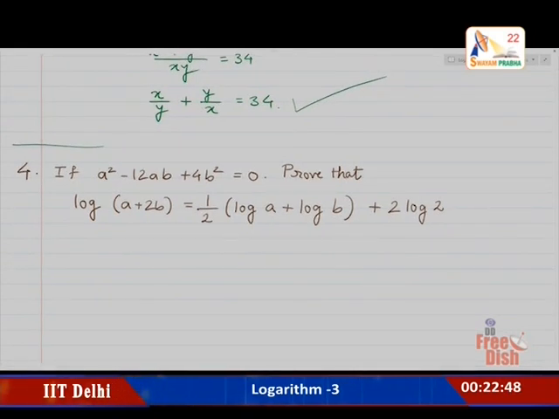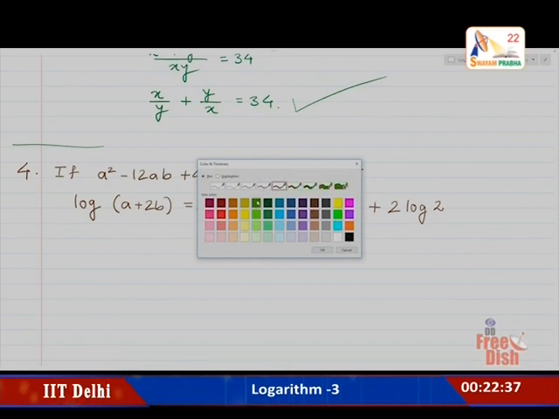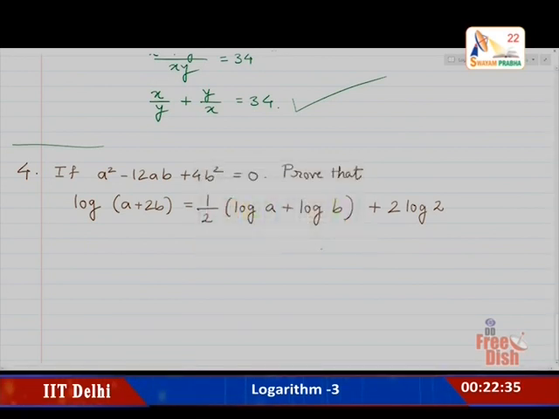How will you prove this? Now, if you look at what is given, let me write down what is given to us. If you look at what is given, it is not at all clear how to prove this particular identity. So let me write down first what is given.